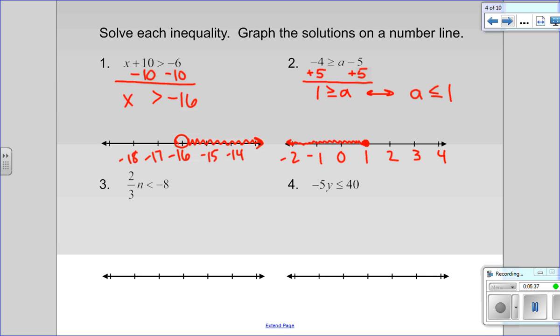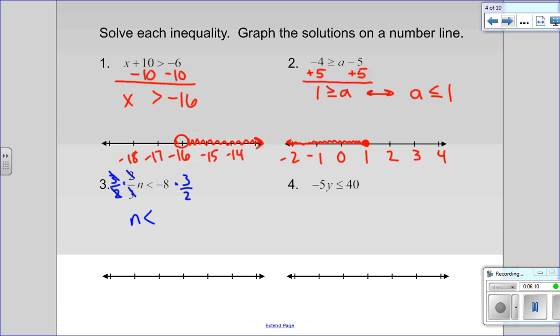Example 3, here we want to solve for n, and we will multiply both sides of the equation by 3/2, which is the reciprocal of 2/3. The important thing to remember here is that we're multiplying by a positive number. So when we use the multiplication principle and multiply or divide by a positive number, this time 3/2, our sign does not flip.